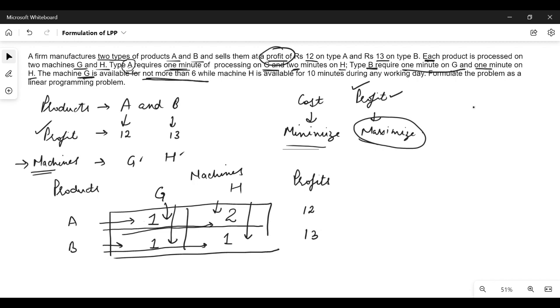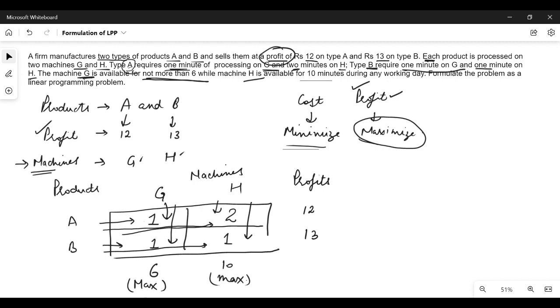It means that we can use machine G for 6 minutes only. We can't use the machine for more than this. So this is the maximum limit. We can use the machine for 5 minutes, 4 minutes or 6 minutes, but we cannot use it beyond 6 minutes. In the same way, machine H is available for 10 minutes. So here I will write 10. Again, this is the maximum time available for this machine.